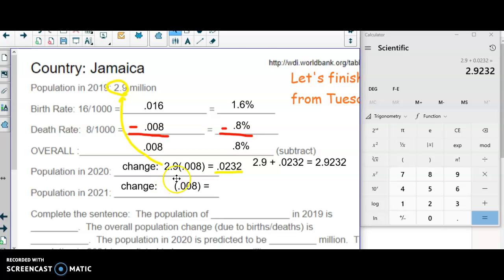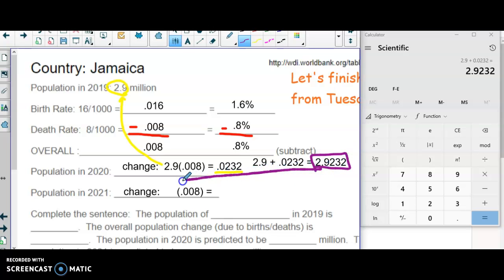So instead of using the very initial amount, we want to use our result that we had here. That's what number goes in there. You guys see that? And that rate is always, always, always the same. So let's plug that in. So we would have 2.9232 times 0.008.